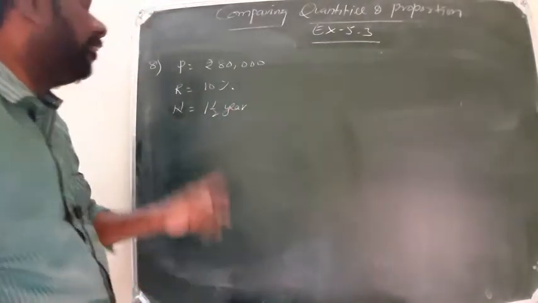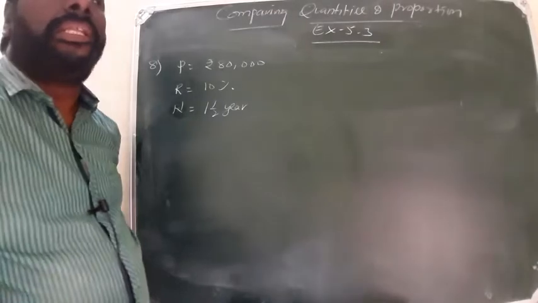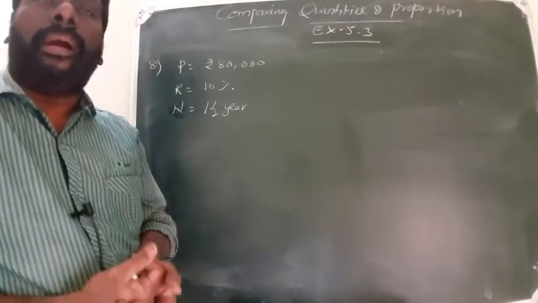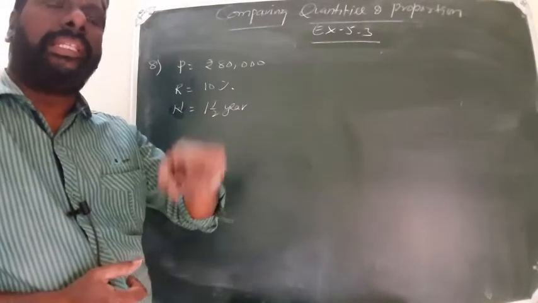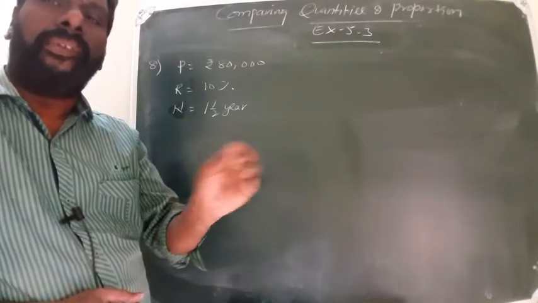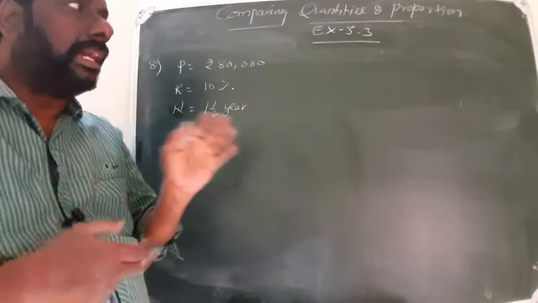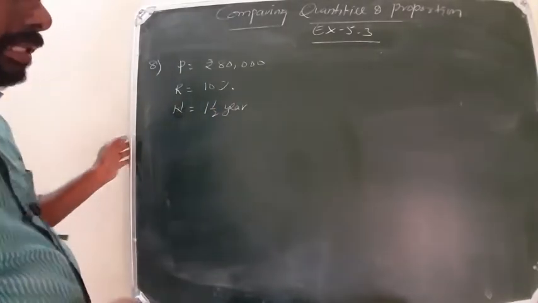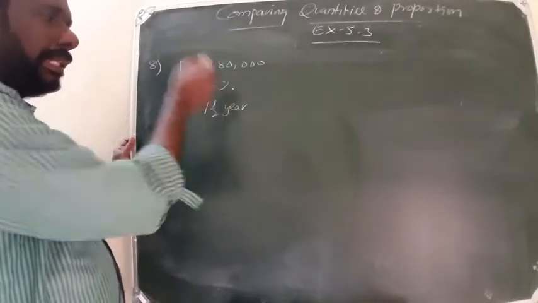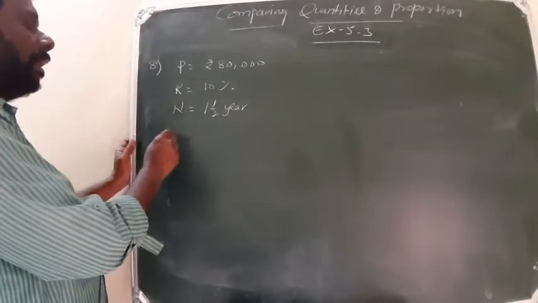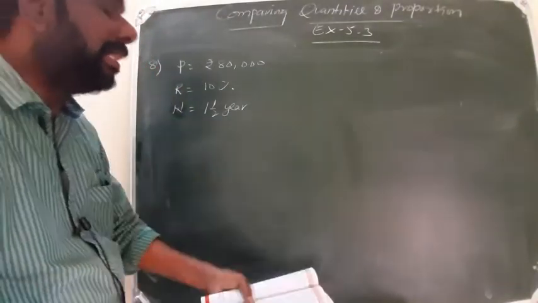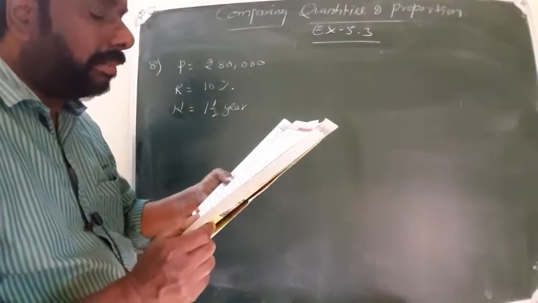So first you have to find for 1 year. In compound interest you have to find interest only in integers like 1 year, 2 year, 3 year, 4 year. For half year or 1/4 year, you have to find only the interest in simple interest form. Then you can add. There are two cases given. Compounded annually means yearly, you have to find out how much amount it will be.